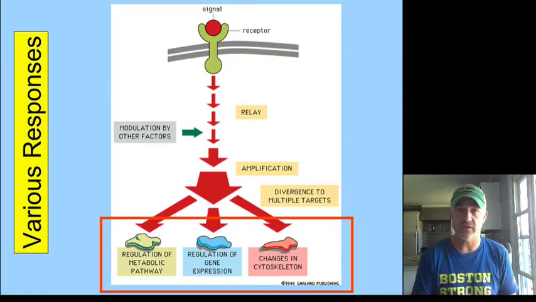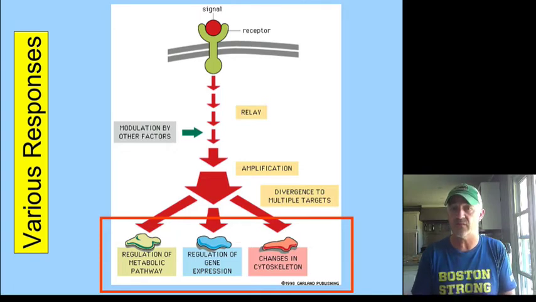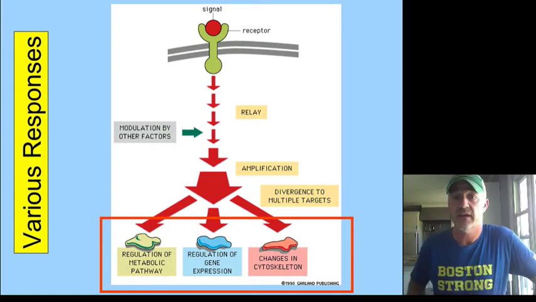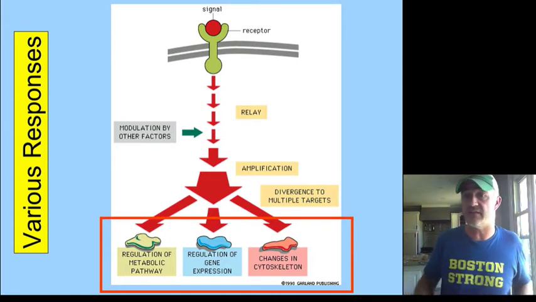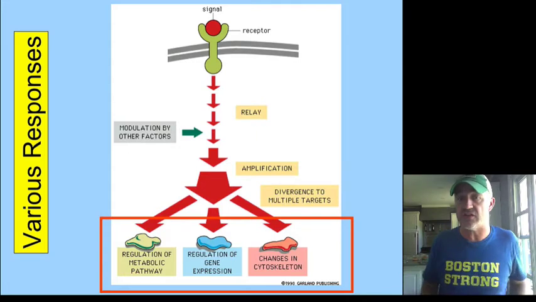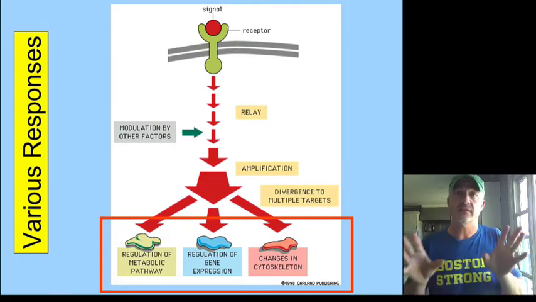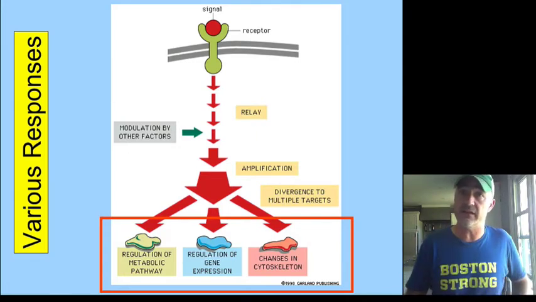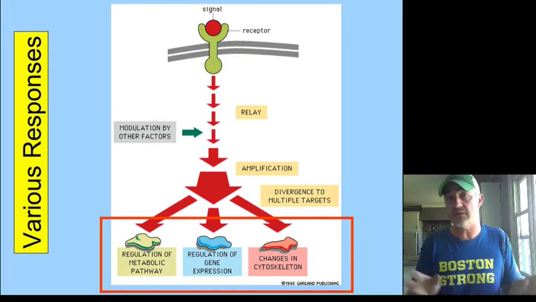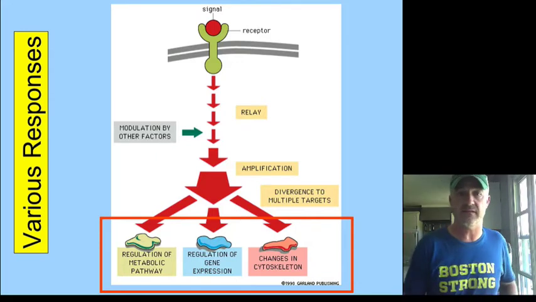And this is again showing you this. The other thing here that is also important is one signal can a lot of times lead to more than one type of cell response. And we're going to see this a lot of times because there are things like amplification and branching of these pathways. Again, stuff that we're not going to delve into the nitty gritty of, but we're at least going to introduce these ideas a little bit.